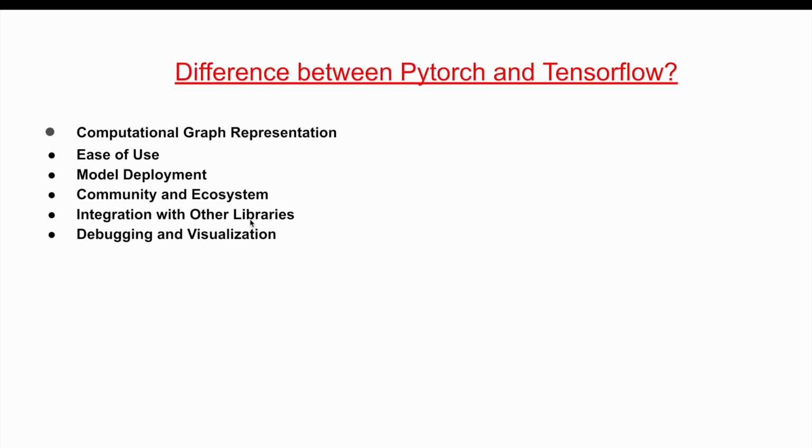So basically, TensorFlow and PyTorch are both powerful frameworks with their own strengths and use cases. TensorFlow may be preferred for its static graph optimization and also mature deployment ecosystem, while PyTorch is favored for its simplicity, flexibility, and dynamic approach to model development.